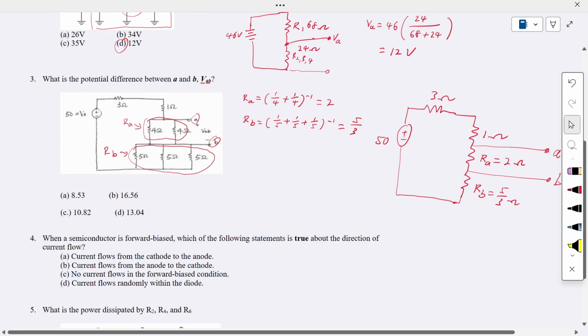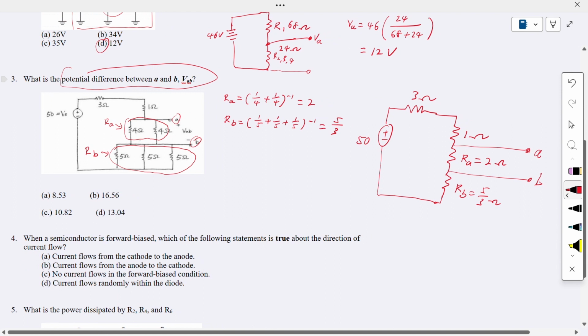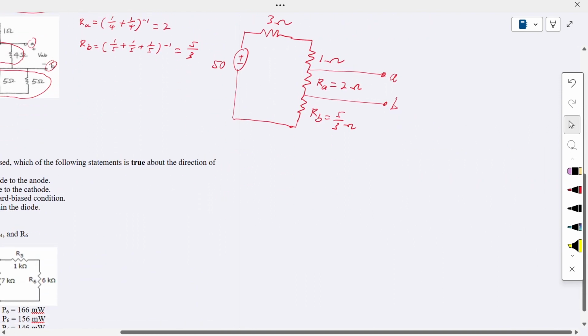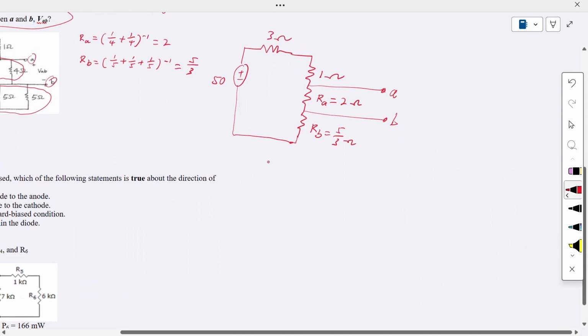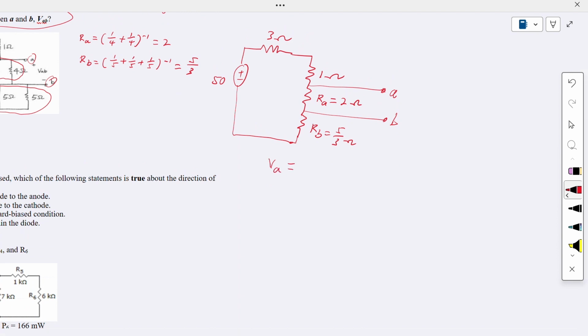To find the potential difference between A and B, we need to know VA and VB. For VA, we can use the voltage divider formula.